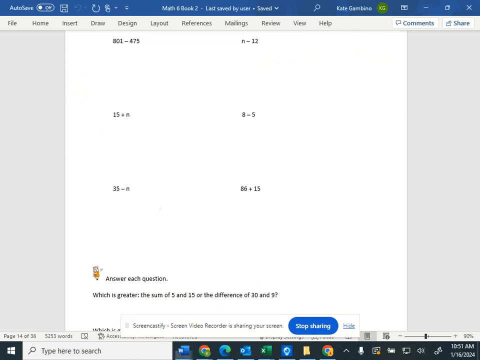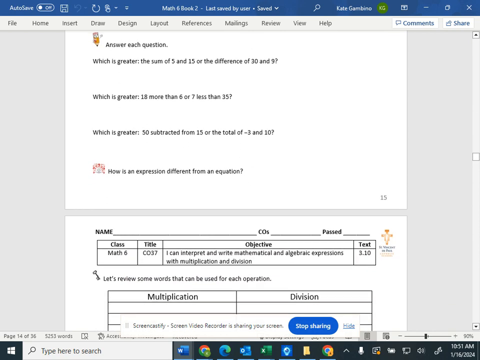Then we have answering our questions, which is greater, the sum of 5 and 15 or the difference of 30 and 9. What I do when I solve these is I actually write out the expressions and I figure it out so you know for sure.